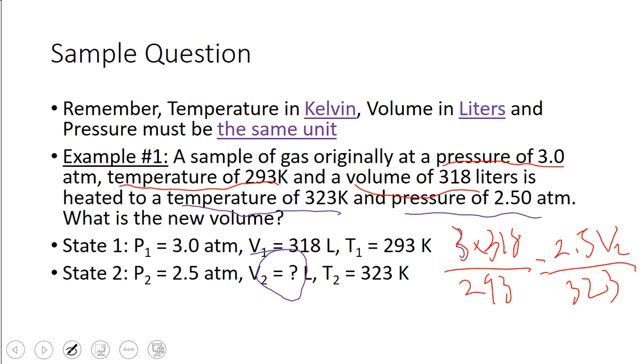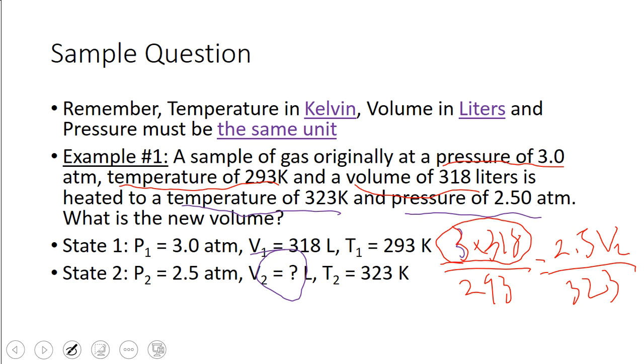So then what you can do is either turn 3 times 318 into a number and then do some cross multiplying. So 3 times 318 would be 954.